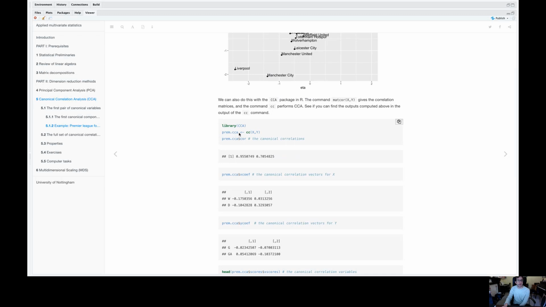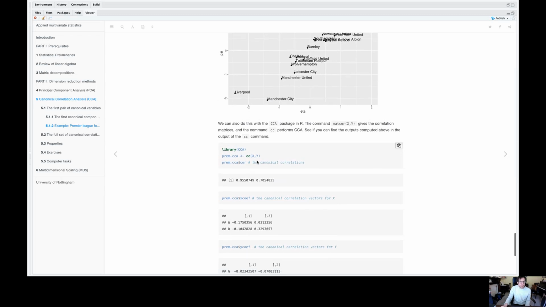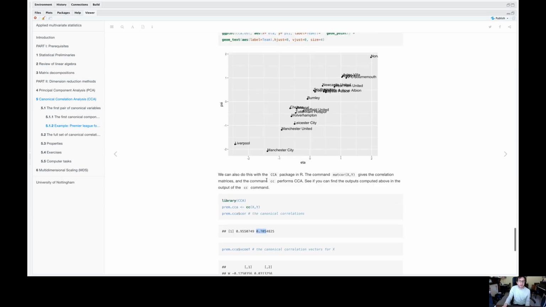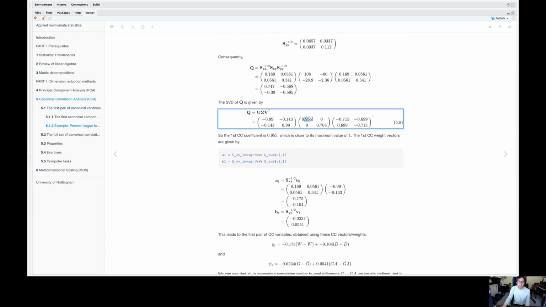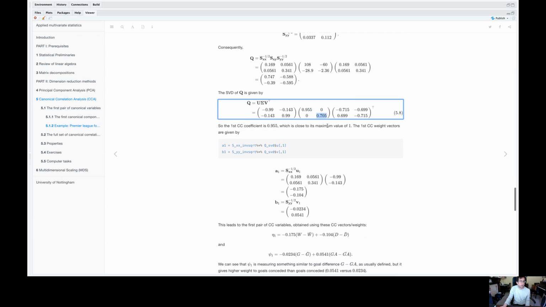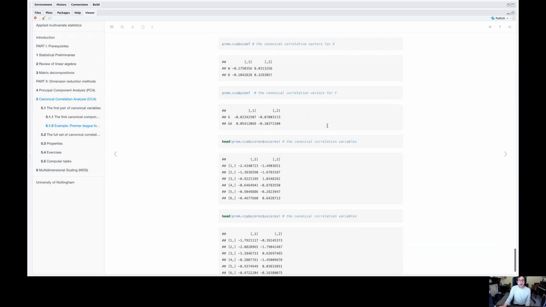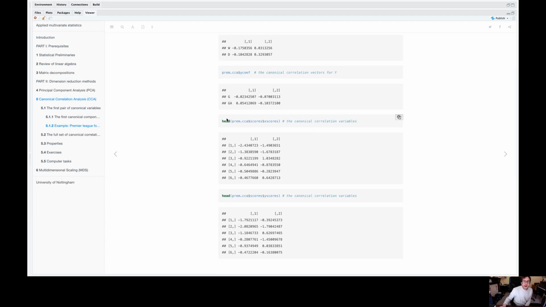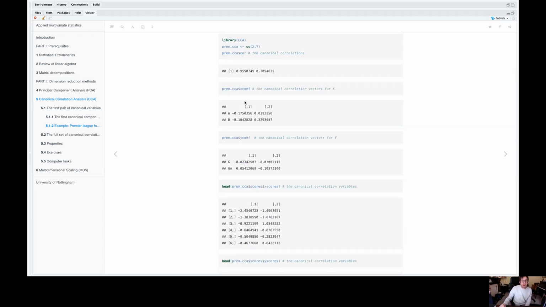Okay, and this returns a list. If you look at the various elements of the list, you should be able to find all the numbers we computed above. So the canonical correlations are given by the element cor here. So we found the singular values to be 0.955 and 0.705. And that's what we found before, 0.955, 0.705. Then we can also find the canonical correlation vectors.